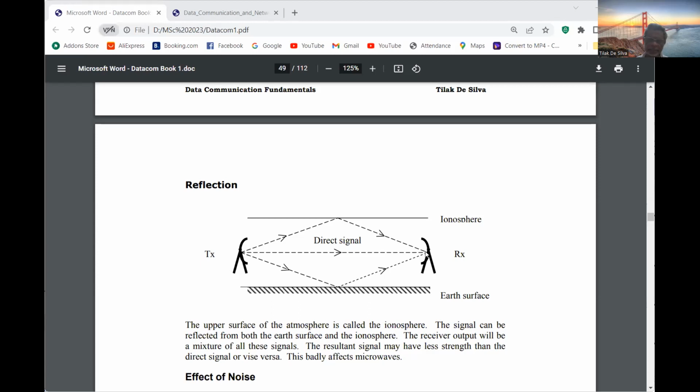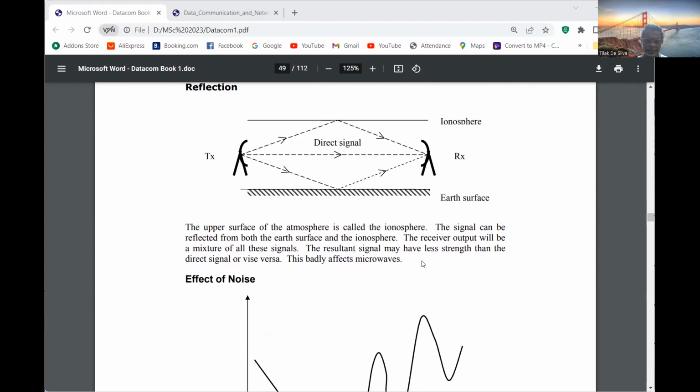When you add those, the resultant signal depends on the phase differences of the signals. So if this antenna is moving, the phase differences are moving, and the signal level is fluctuating. That is called fading.